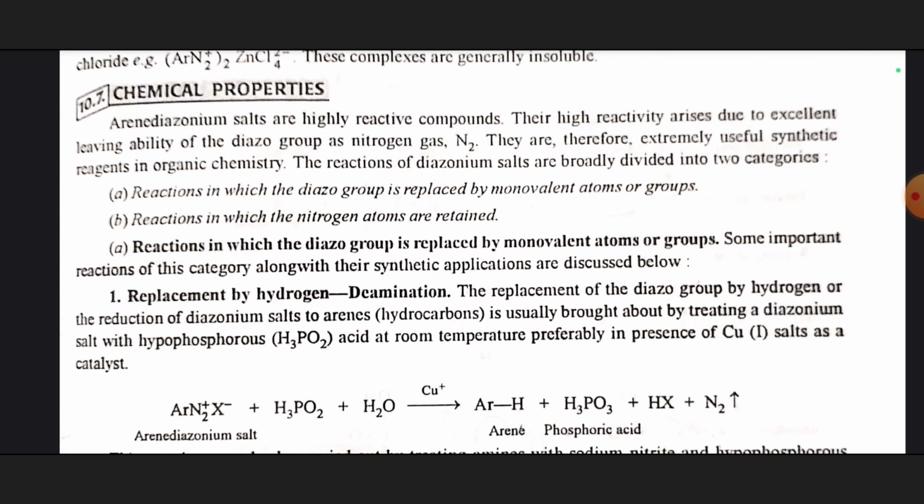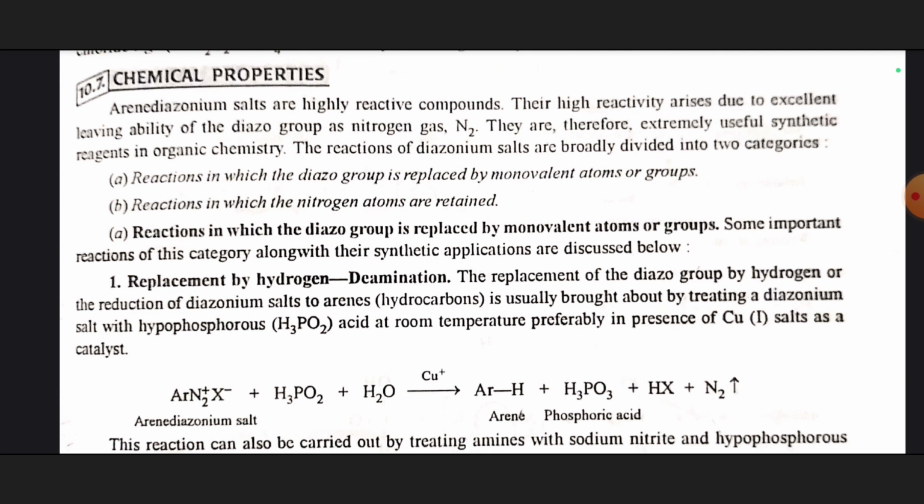10.7 Chemical properties. Arene diazonium salts are highly reactive compounds. Their high reactivity arises due to the excellent leaving ability of the diazo group as nitrogen gas. They are therefore extremely useful synthetic reagents in organic chemistry. The reactions of diazonium salts are broadly divided into two categories.